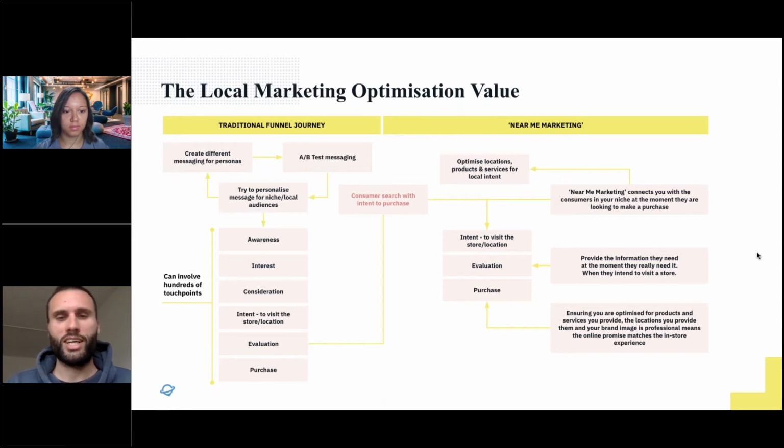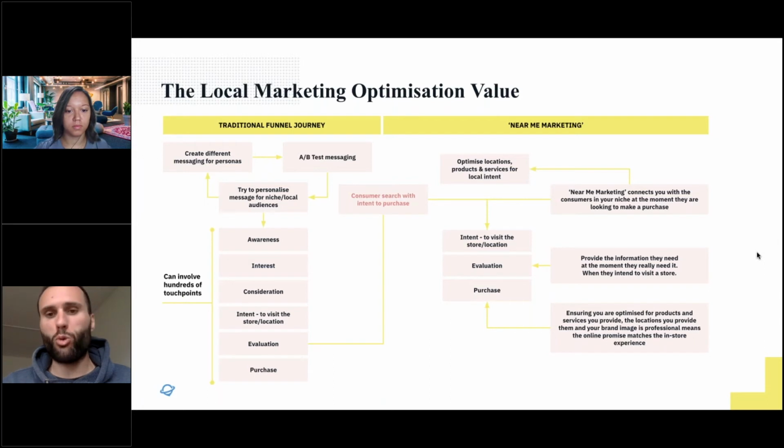And then when you're looking at the near me journey, the local journey, it's important to understand that when the consumer is doing a search like coffee near me or hamburger near me, obviously that's an impulse purchase. They're hungry now, they're going to purchase now. But even for a car, something that they've been researching in the traditional funnel journey for a while, when they actually want to go to a dealership, that's when they're going to do this local search, and that's when you want to be optimized for these high intent searches.